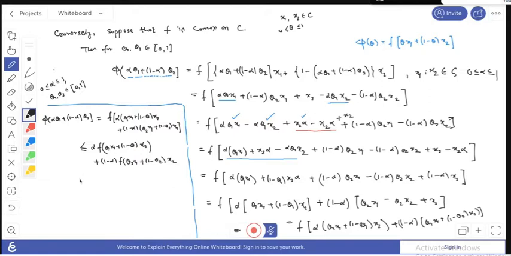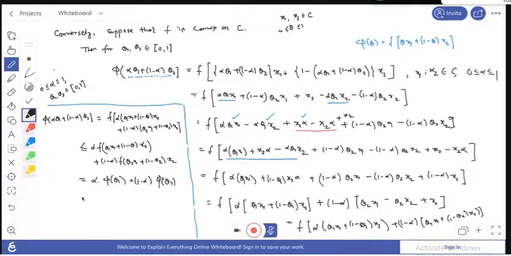Okay, so this equals alpha times, and what is the value of f of theta 1 x1 and f of theta 2 x2? So we have to find the value of this. Here, if this is theta x1 plus 1 minus theta x2, and we take theta 1 here, then from the definition this value is phi of theta 1. And plus 1 minus alpha, and here from the definition this is phi of theta 2.